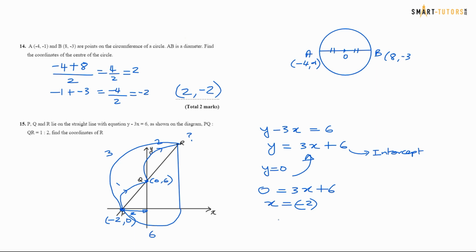If this is 6, 6 take away 2, here to here is 4. So immediately we know the x coordinate of R is 4. Now we need to find out the y. The height here is 6. Now 1 is to 3, so 3 times 6 is 18, the y coordinate. So the coordinates of R are 4, 18.